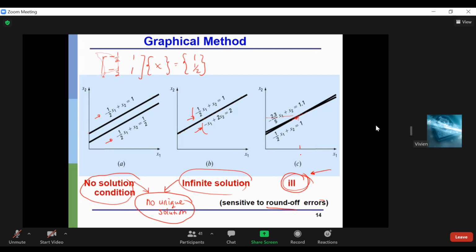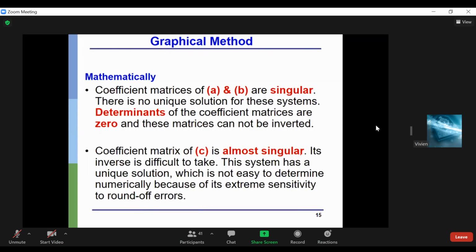Okay, so if we see it mathematically, matrix A here is called singular, so there will be no unique solution. If we try to calculate the determinant, the determinant of this coefficient matrix is 0, and we cannot get the inverse of this matrix. There will be no inverse of matrix A here.